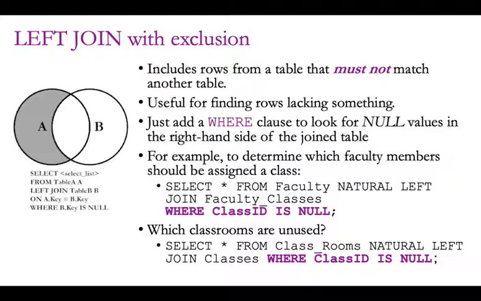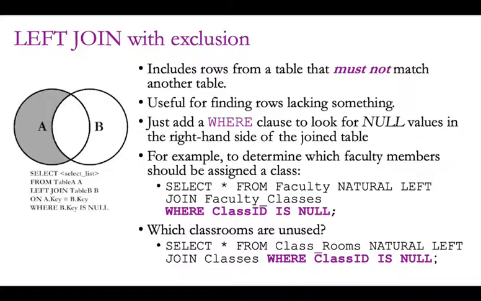Okay. The other variation of these joins is the left join with exclusion, meaning that if I only want this left side of the Venn diagram, I only want to print out the rows that don't match rows in the other table.